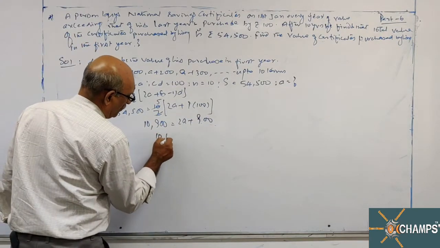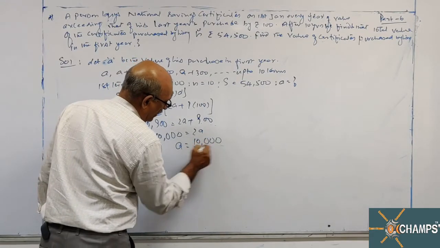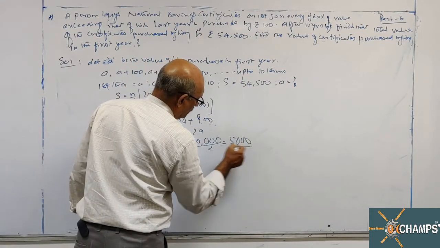So this is 10,000 is equal to 2A. A is equal to 10,000 divided by 2, 5,000.